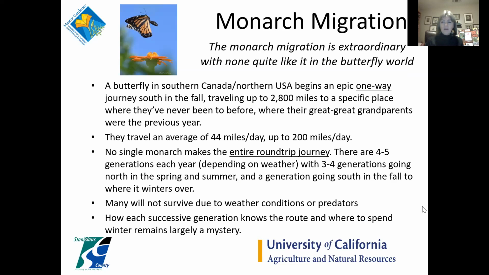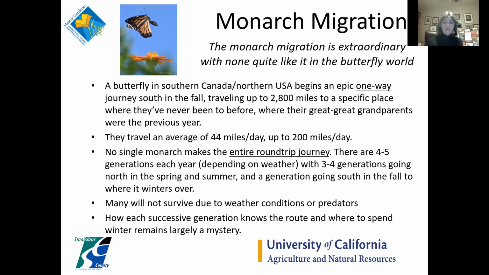What a lot of people may not be aware of is there are actually two different groups of monarchs: the western group and the eastern group. We are of course part of the western population, which starts in Canada. These are butterflies that do not go over the Rocky Mountains. They stay on the western side and typically do not migrate to Mexico.